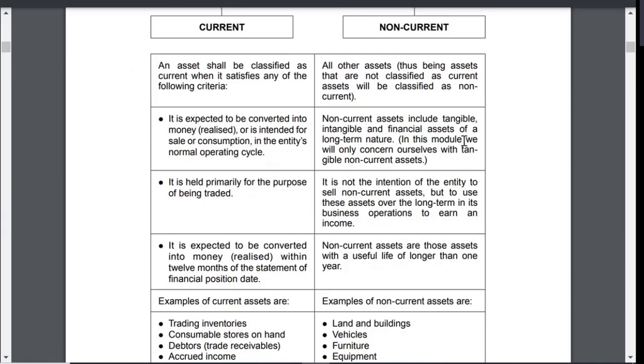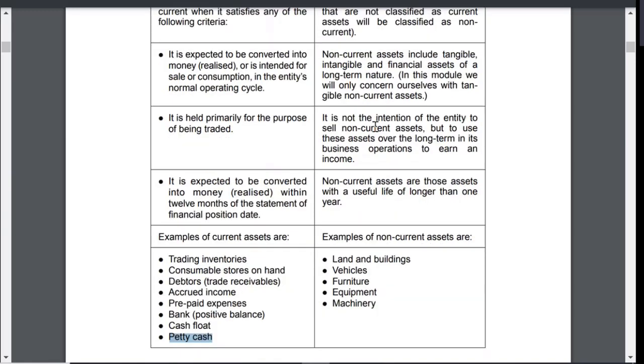Non-current assets include intangible and financial assets of a long-term nature. It is not the intention of the entity to sell the non-current asset, but to use this asset over a long term in its business.